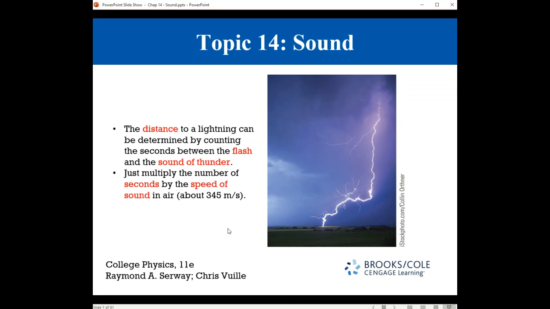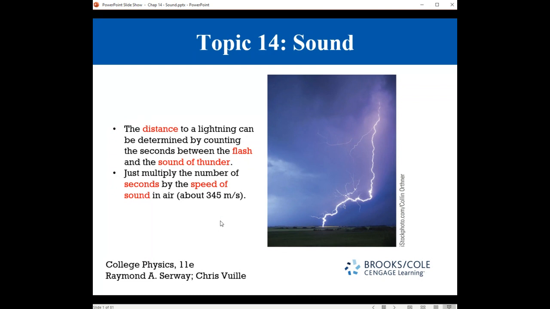When you see lightning during the rainy season, the distance between the lightning and your location can be calculated easily. All you have to do is just count the number of seconds between the moment you see the flash and the moment you hear the thunder.